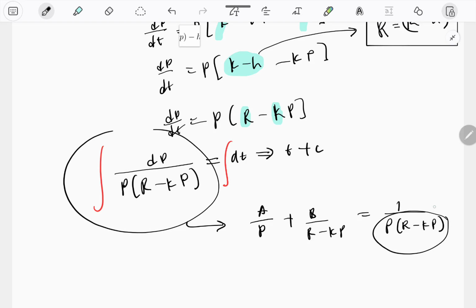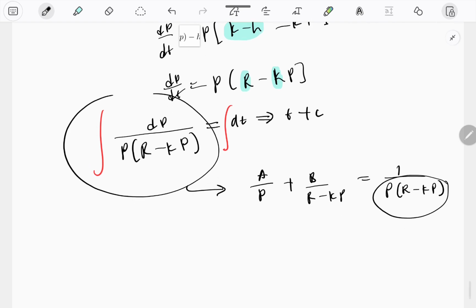So we're going to multiply this term throughout. The p will cancel, we'll be left with A times (R minus kp), plus this term will cancel that term, leaving B times p, is equal to 1 here.